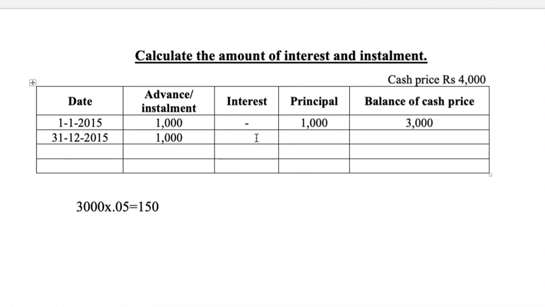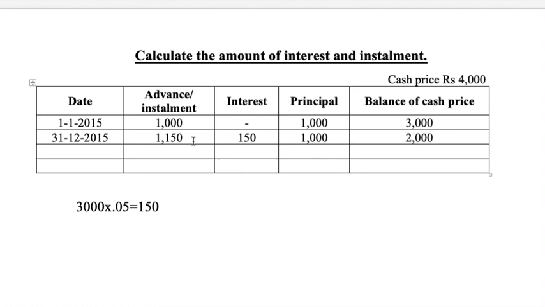So we are going to take the interest amount here as 150, but it is not included in the installment, that is, we are going to add 150 rupees to the installment amount. It is 1,000 rupees here, but when we add 150 rupees, it will become 1,150. And the principal will remain the same, 1,000 here. And the balance now is 2,000, right?